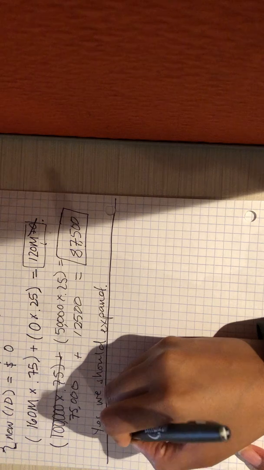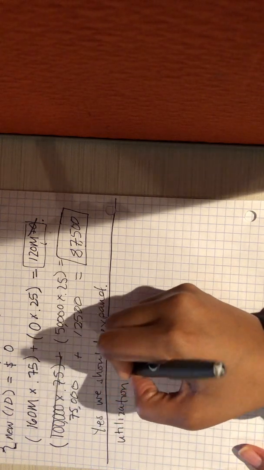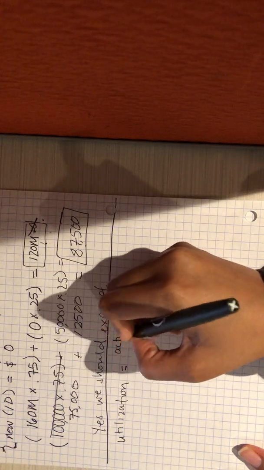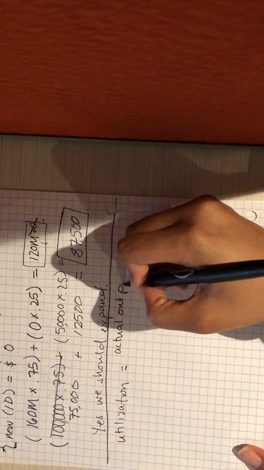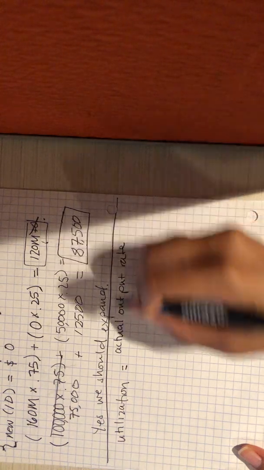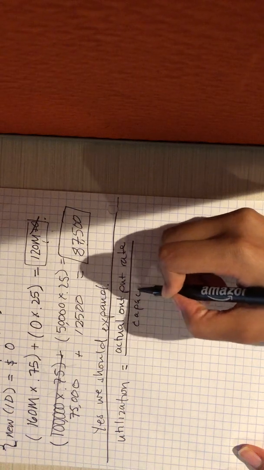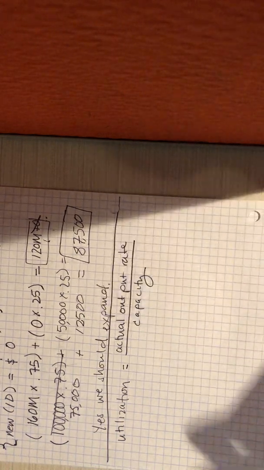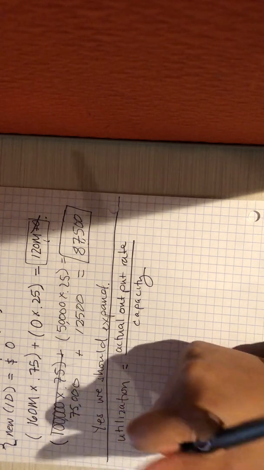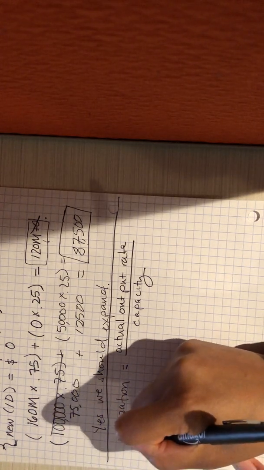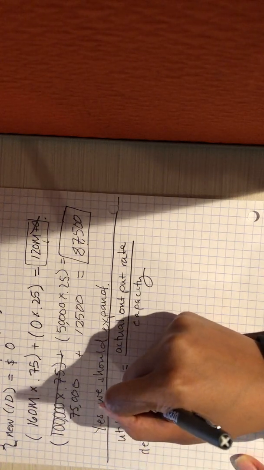So this is our formula. Utilization equals actual output rate over capacity. So if this is asking for design utilization, we can go ahead and create a new formula that is specific to design utilization.